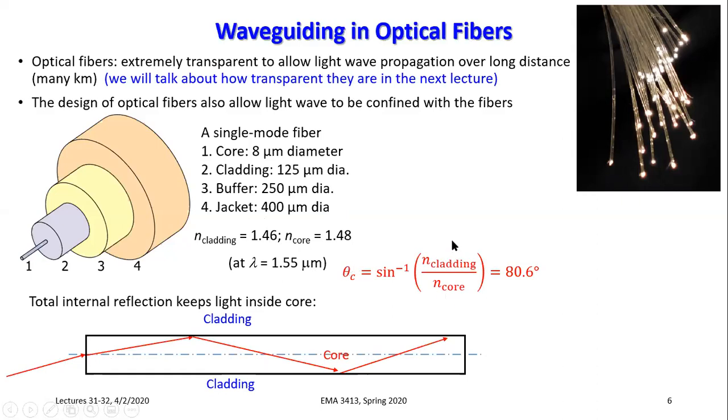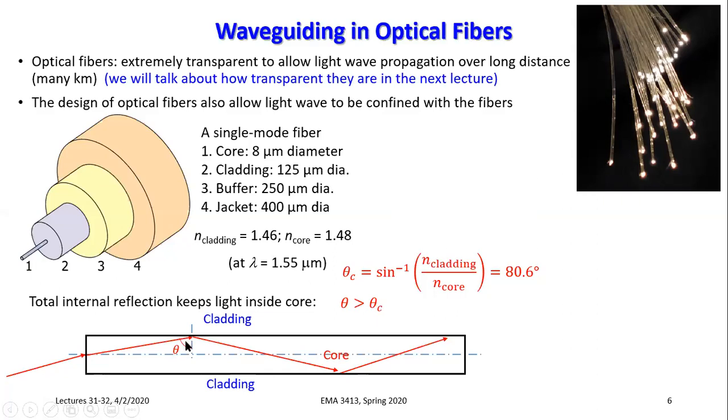If you do the math, with cladding 1.46, core 1.48, and take the arcsine, that gets you about 81 degrees. So that means that if the incident angle at this interface, theta, as shown here, is greater than this 81-degree critical angle, then we can have total internal reflection.